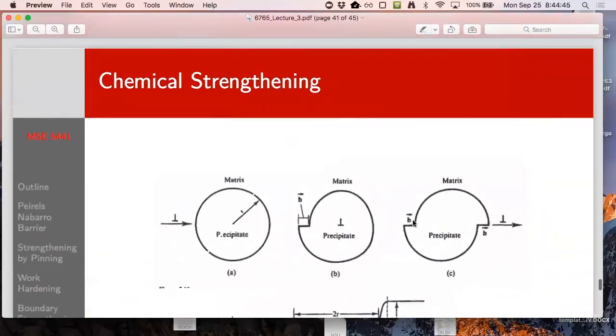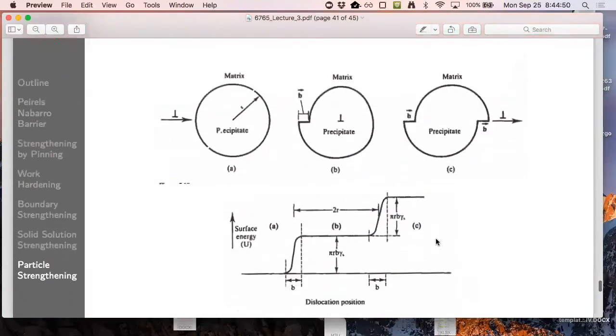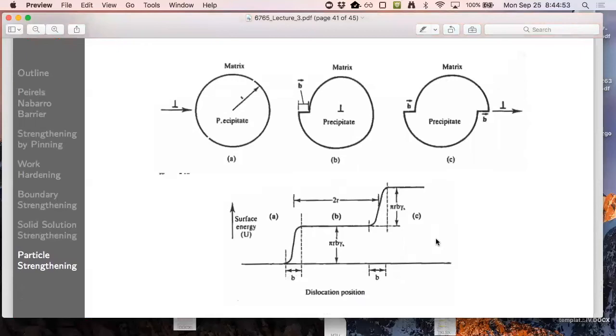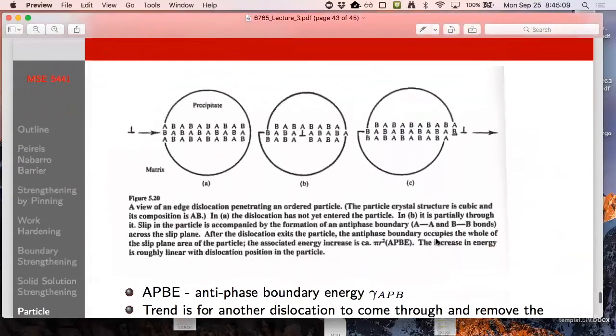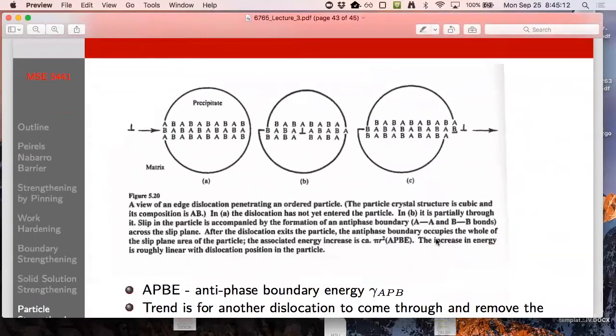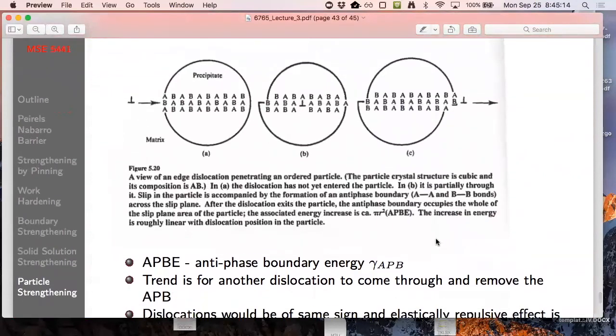Chemical strengthening because we make a step. This is not important for large precipitates, but for small precipitates it is. And are our GP zones big or small? Small. So a step in a GP zone adds a significant fraction of the surface energy of the surface. And then order, this is not so much important in aluminum because we're mostly talking about phases that are not ordered structures.